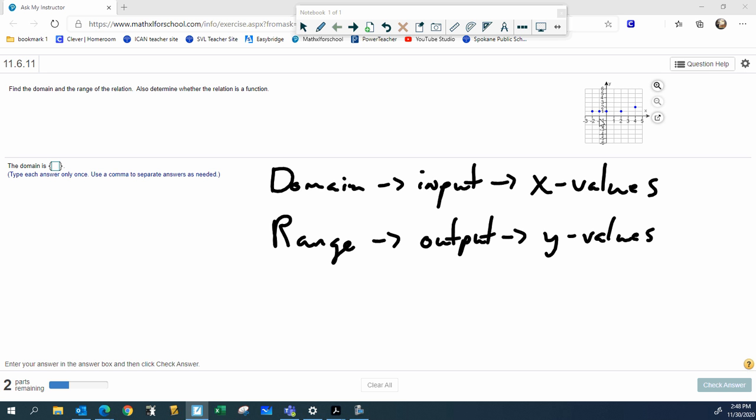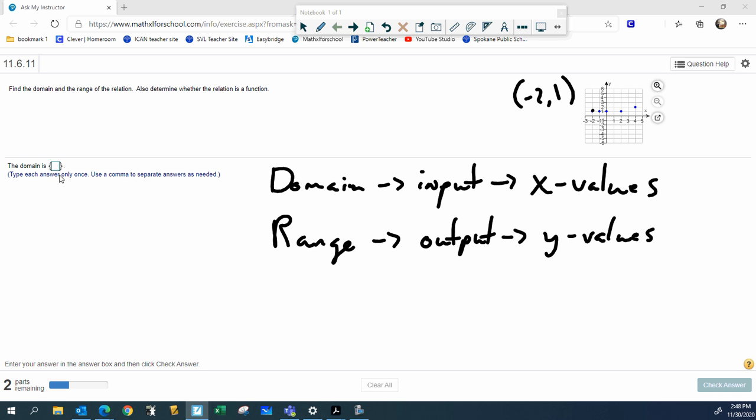So essentially for each point that we have, like this furthest left point, the x value, the input is -2 and the output is +1, and it creates that ordered pair -2, 1. We don't know what the function is, but it creates that ordered pair.